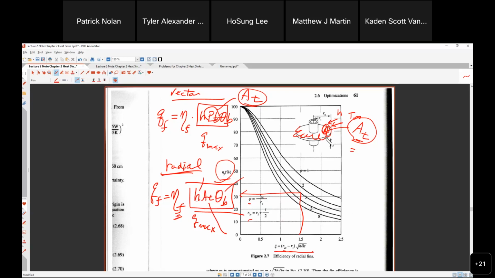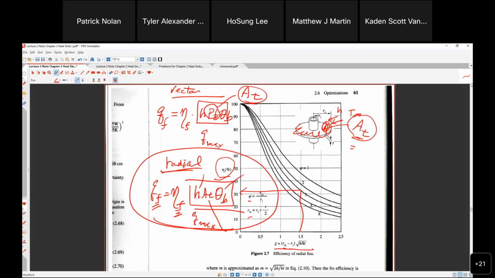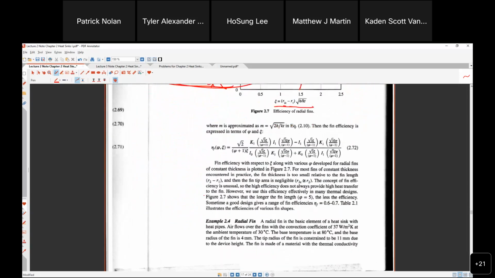We will talk about it, but this is one relationship. Then you can calculate the actual heat transfer using the fin efficiency. Now, efficiency in terms of phi and psi, look at that.